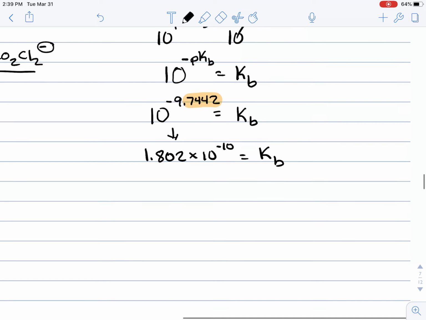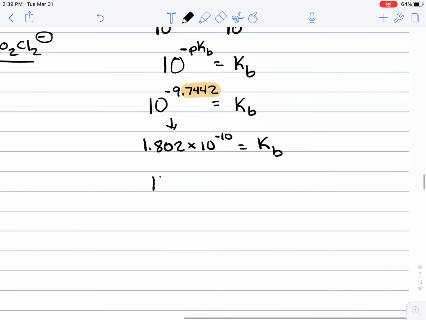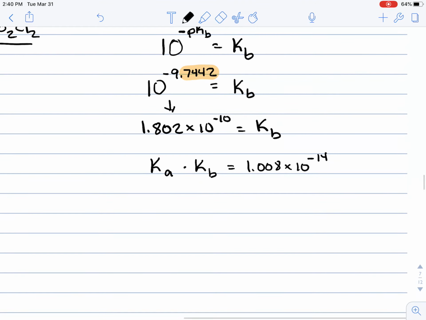Now that we've solved for Kb, we're going to convert Kb into Ka using the relationship Ka times Kb is equal to Kw, which is 1.008 times 10 to the negative 14. I don't think I've stated it in the problem, but we're going to assume that this solution is happening at 25 degrees Celsius.